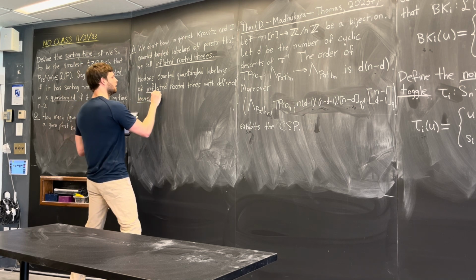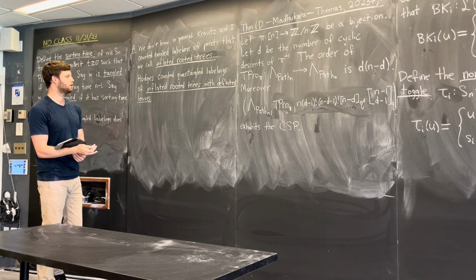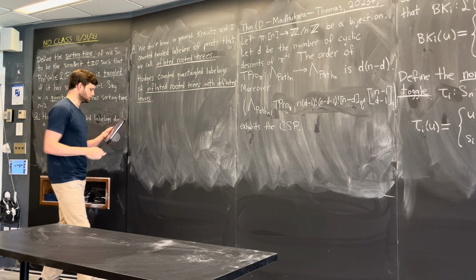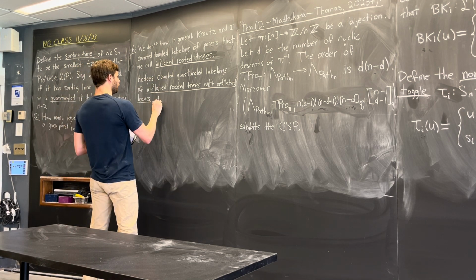So, I think, a slightly less general class, but still fairly general. Oh, and he also did one other thing. Well, he did a variety of things, but one other thing that I'll mention.